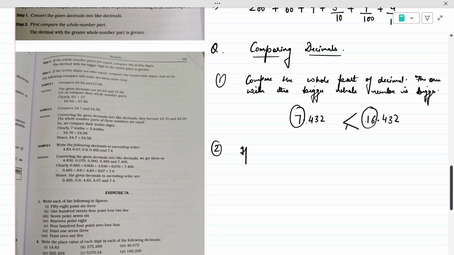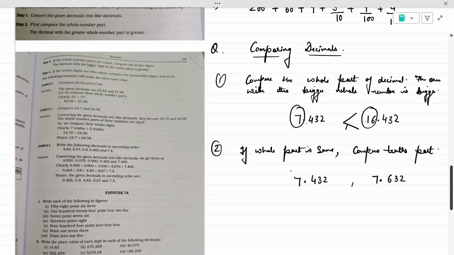Now, if the whole part is the same, then compare the tenths part first. Now, let's say we have 7.432 and then we have 7.632. We have compared the whole number, it is the same.